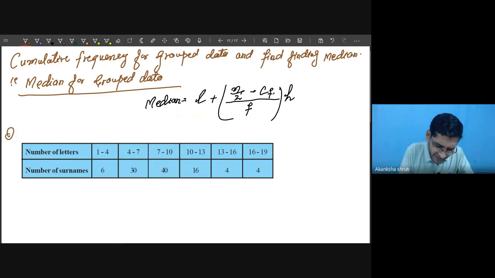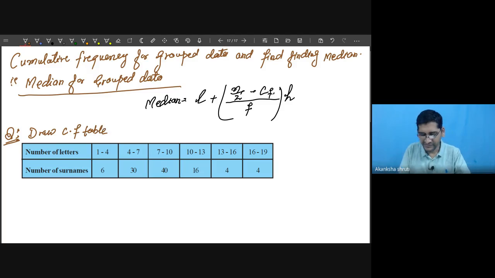So the question is like this. Here, draw the cumulative frequency table for less than or equal type.